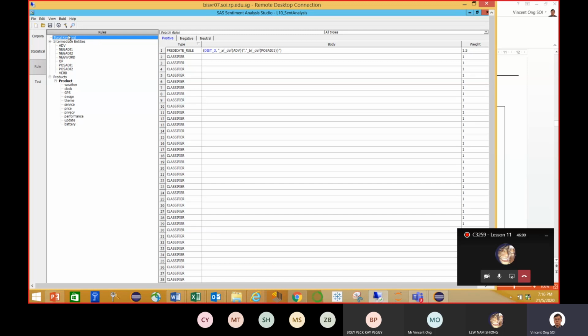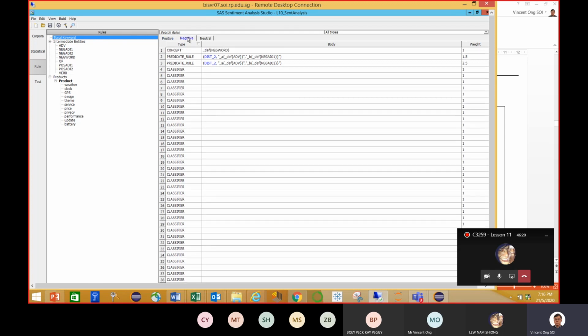Tonal keywords come from the word tone. So you define those words that are positive and negative that will apply throughout all the corpus, right? Throughout the corpus. For example, for this particular example, we define the negative and positive by certain terms.